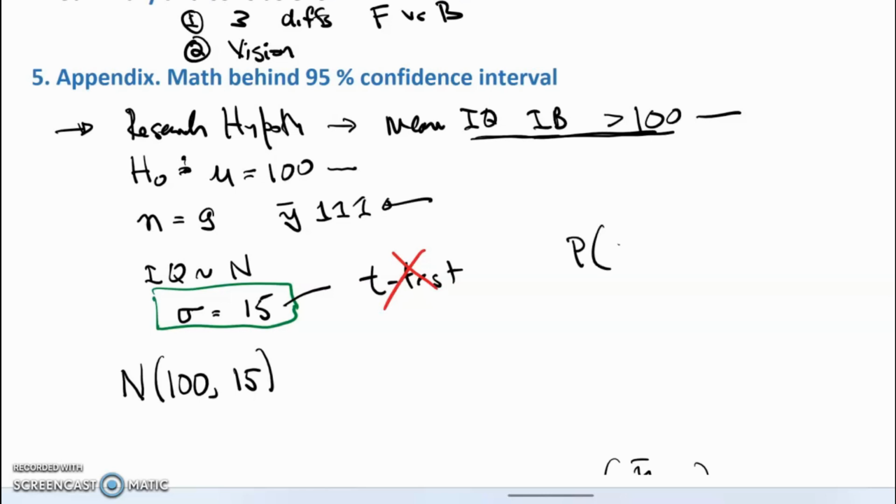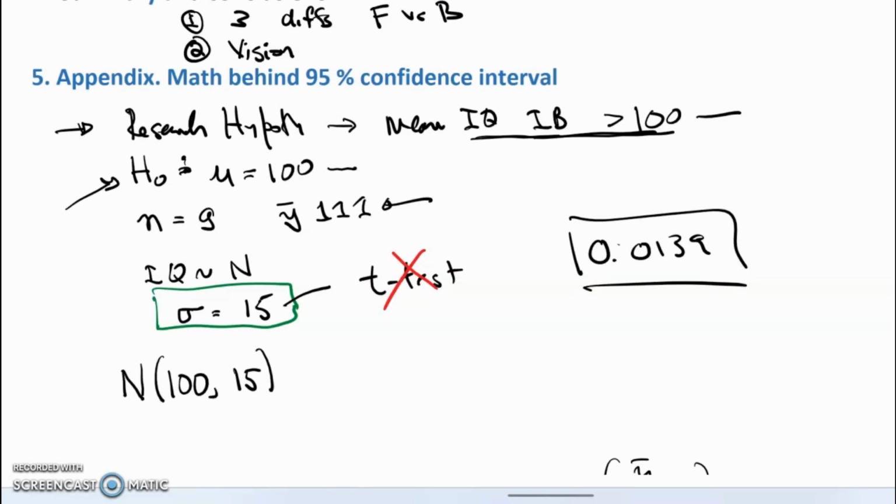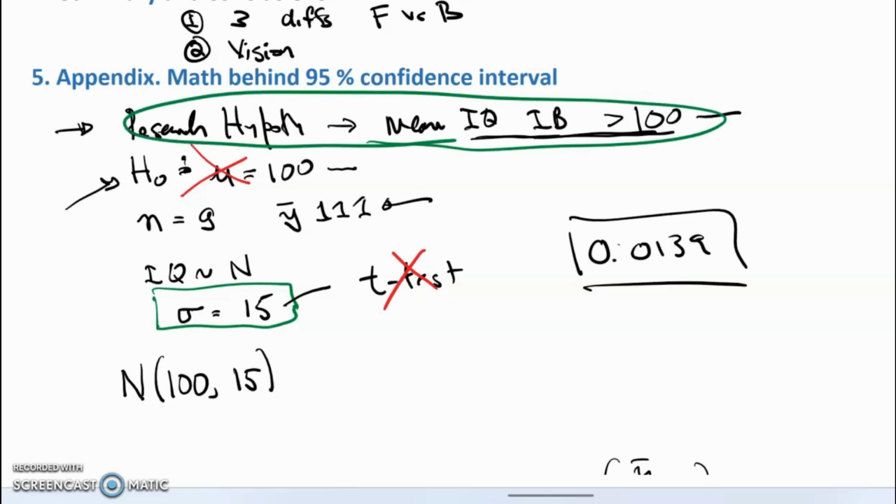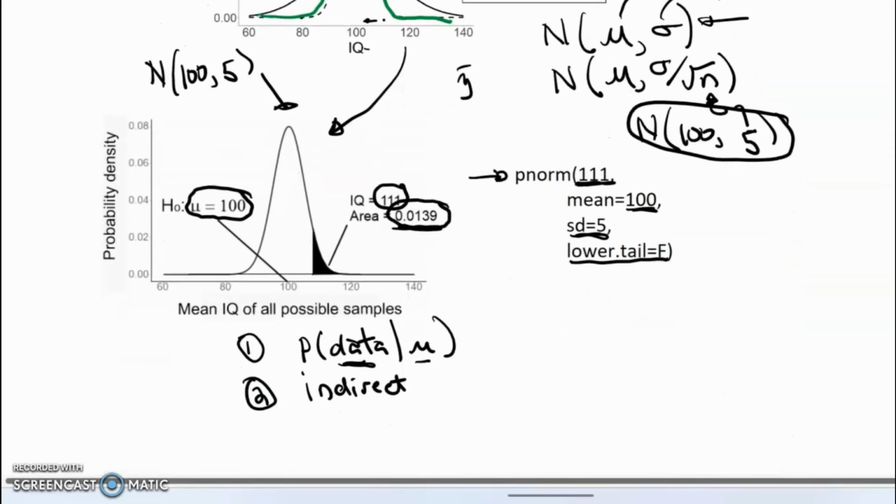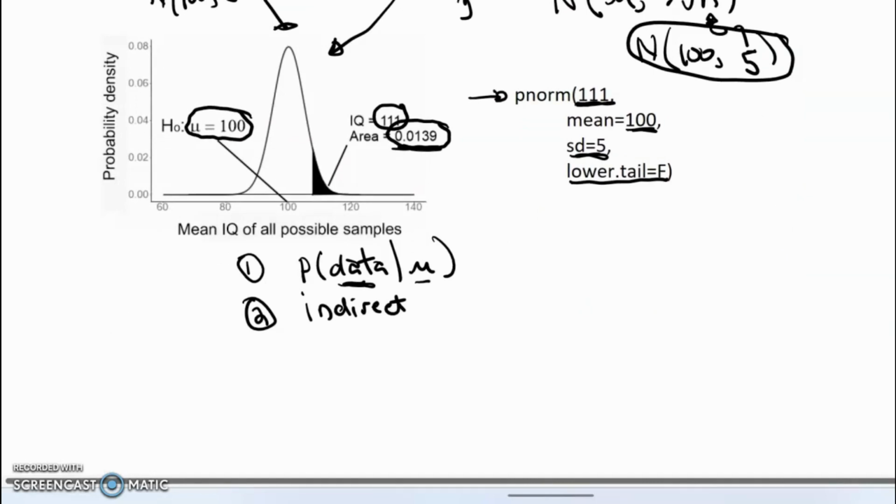We got a p-value of 0.0139, which is implausible if the null hypothesis is correct. So we've got strong evidence that the null hypothesis is incorrect, and that serves as strong evidence that our research hypothesis was in fact correct. So to me, that seems a rather indirect approach.